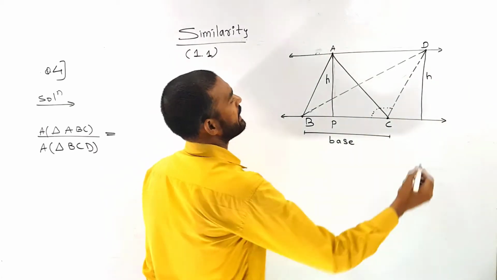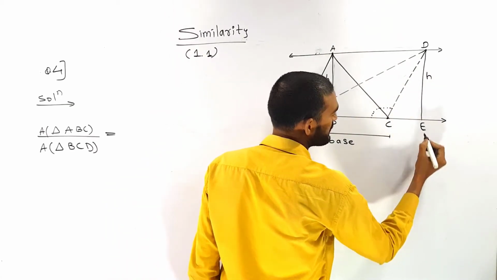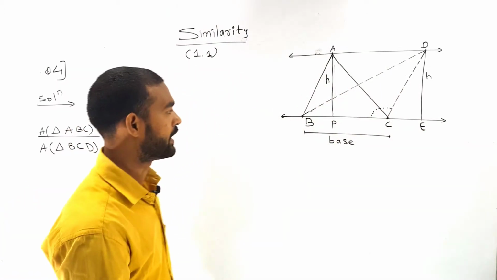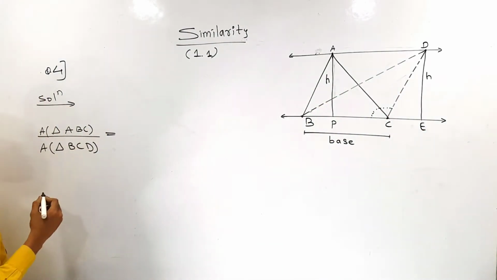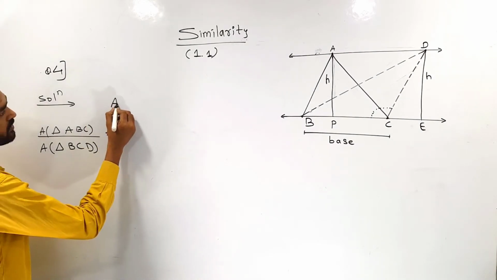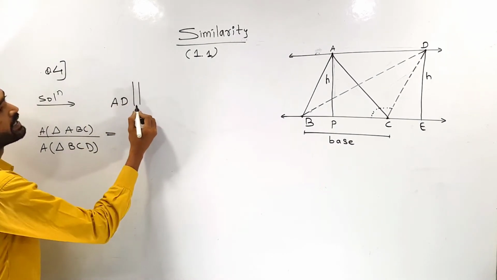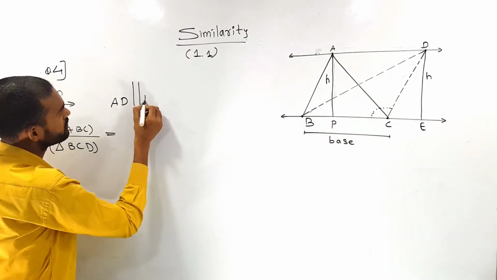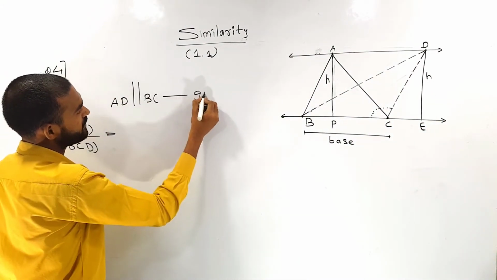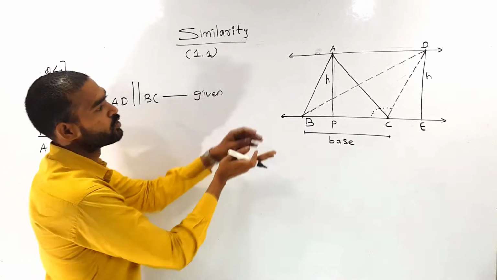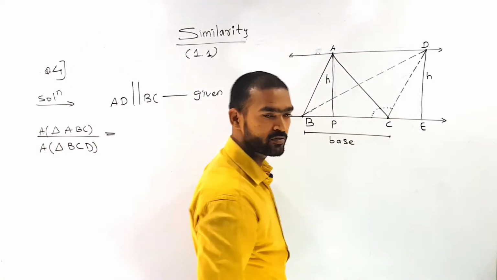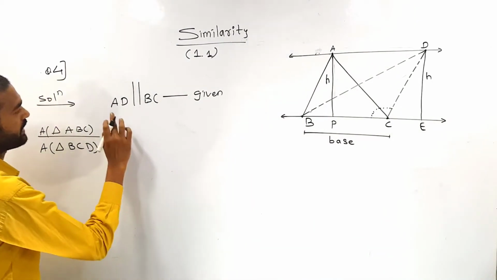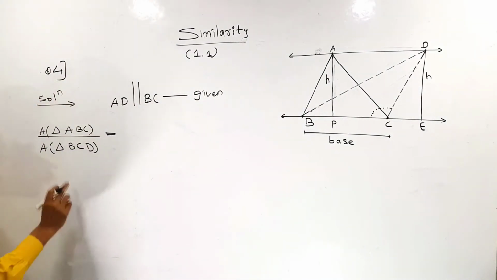Right, students? Let's say this is DE. DE is the height of the second triangle. Now, what do we know? We know that AD is parallel to BC. This is given. Since two lines are parallel, how will we solve this?